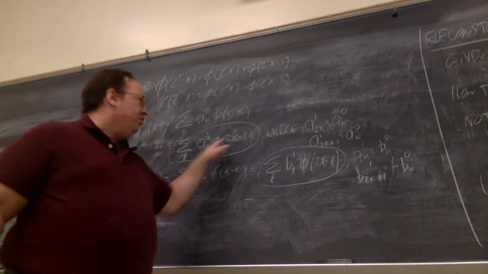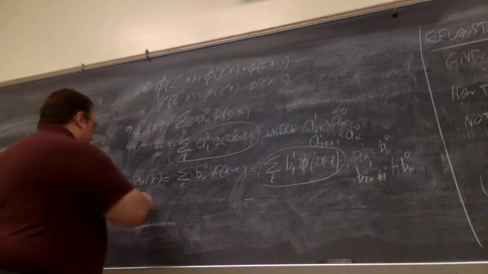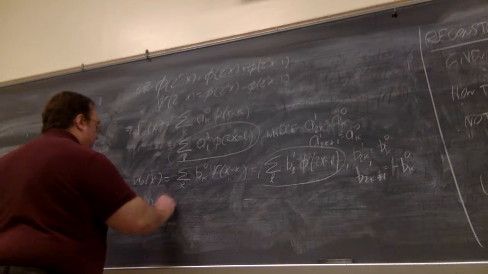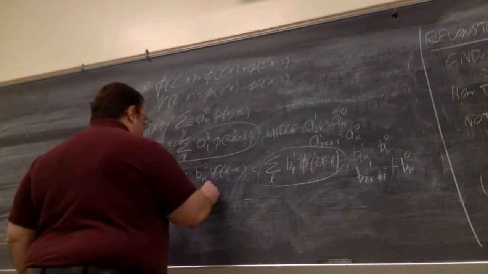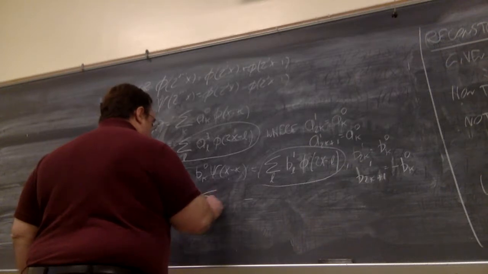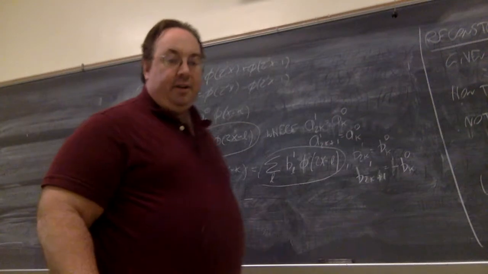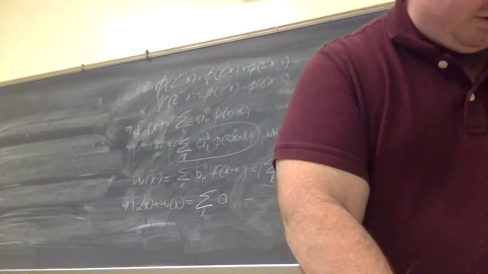Scaling functions at 2x minus L. So I can add these coefficients together. So f naught plus w naught is now a sum of, okay, make sure I have this right.